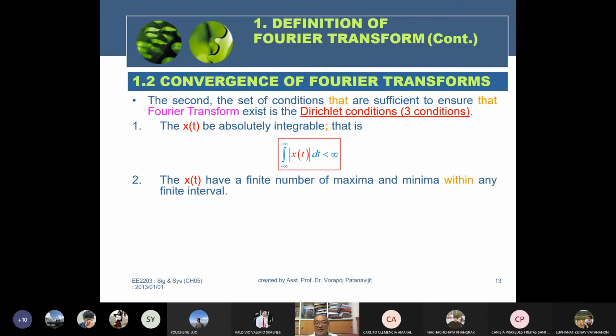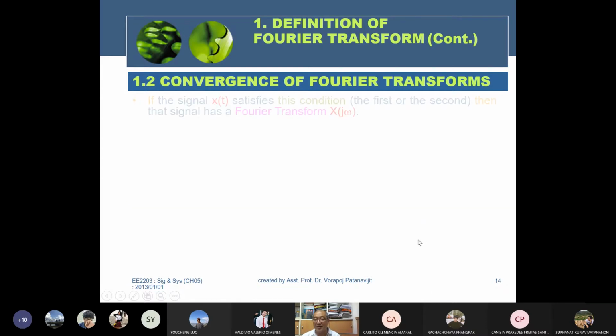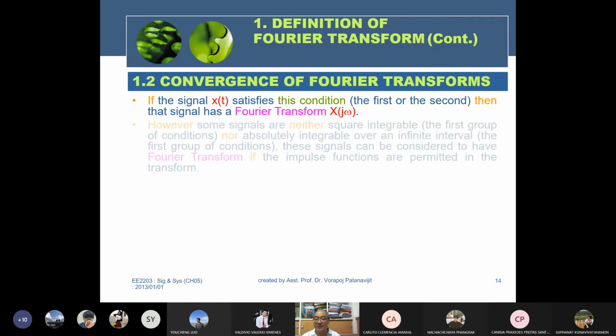The second condition is that x(t) has a finite number of maxima and minima within any finite interval. The last one is that x(t) has a finite number of discontinuities within any finite interval. Furthermore, each of these discontinuities must be finite, okay? If the signal x(t) satisfies these conditions, then the signal has a Fourier transform.